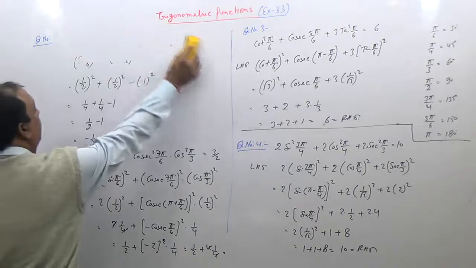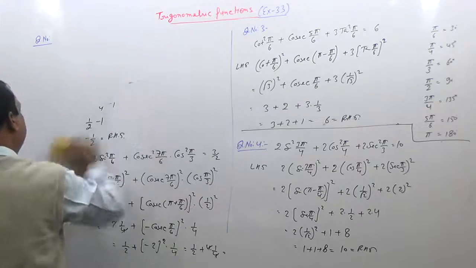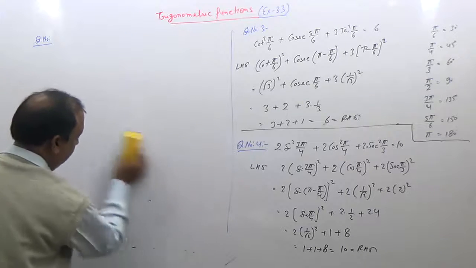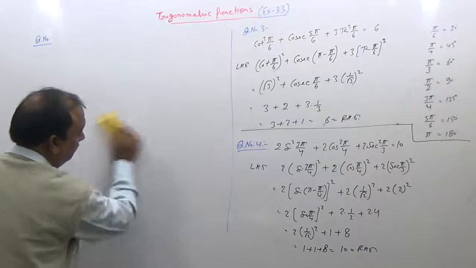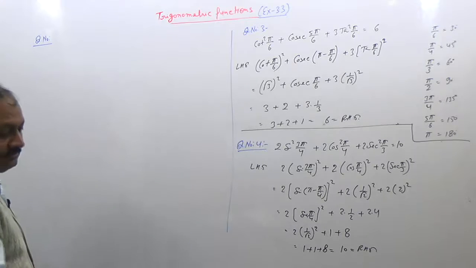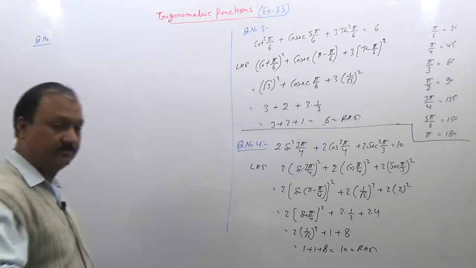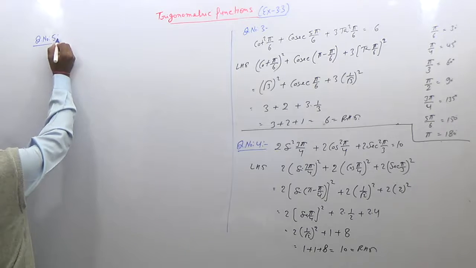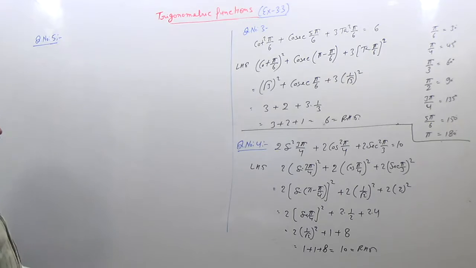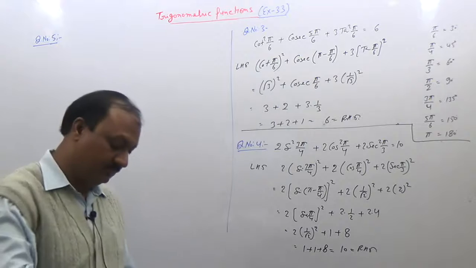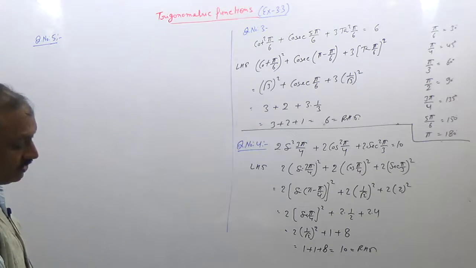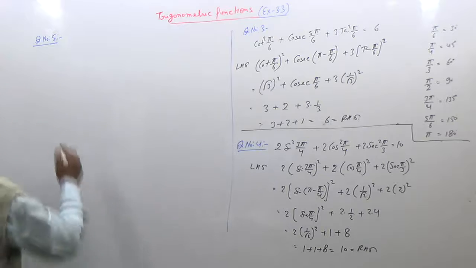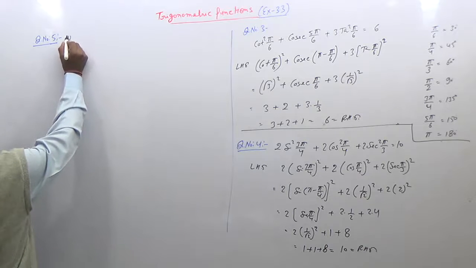Now, we discuss question number 5. Question 5 is, find the value of sin 75 degree, first part.